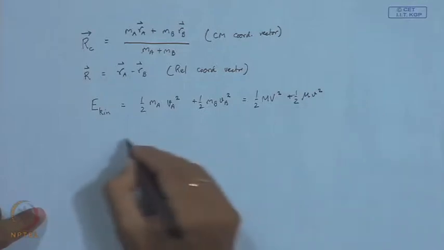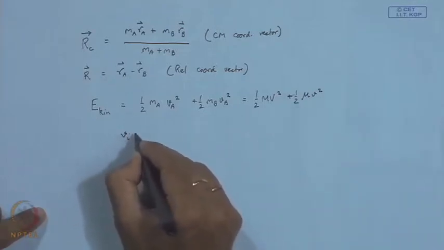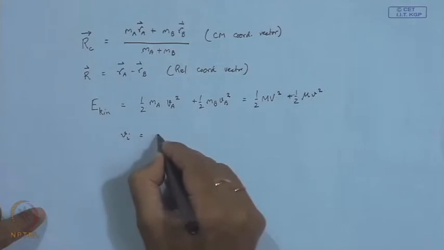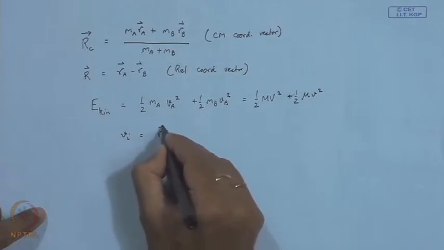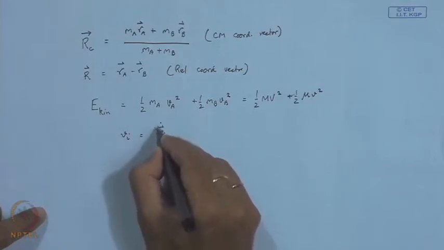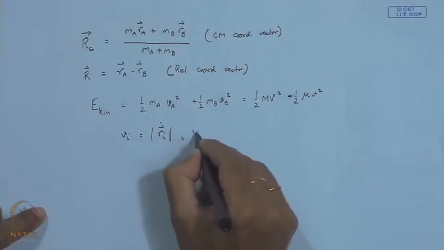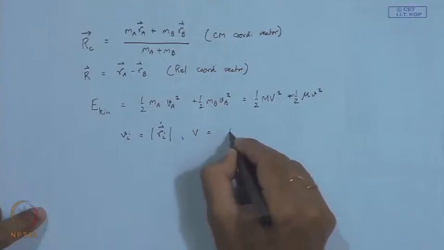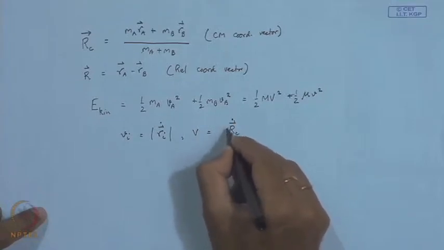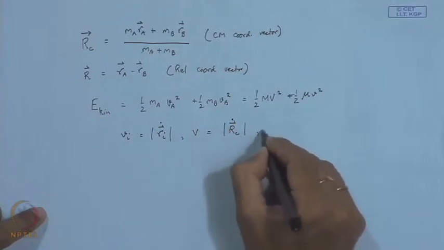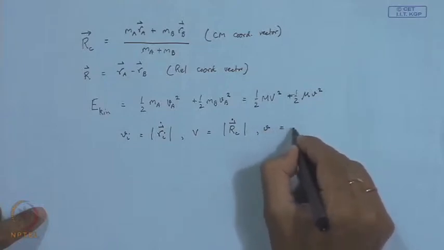Okay, where V_i is equal to R_i vector dot, V_c is equal to R_c vector dot, and v is equal to R vector dot.